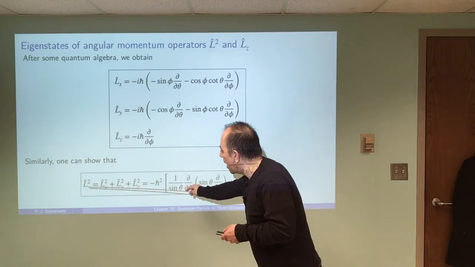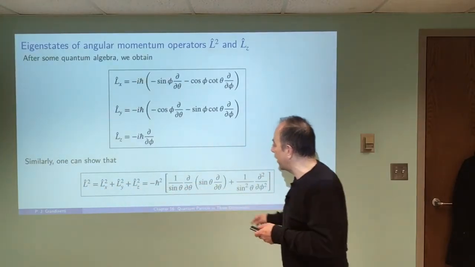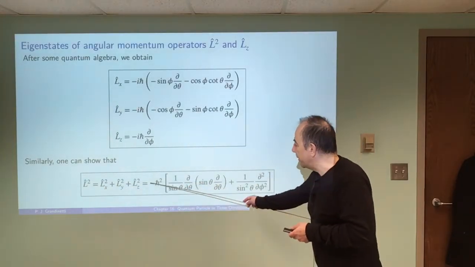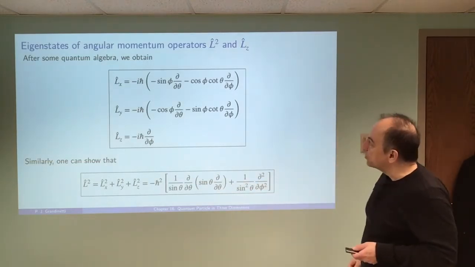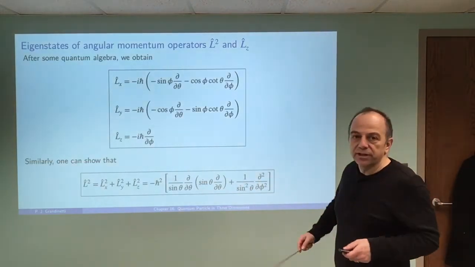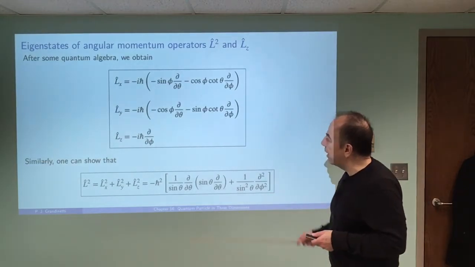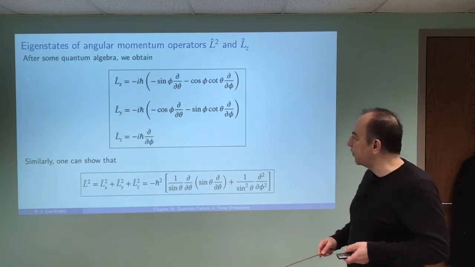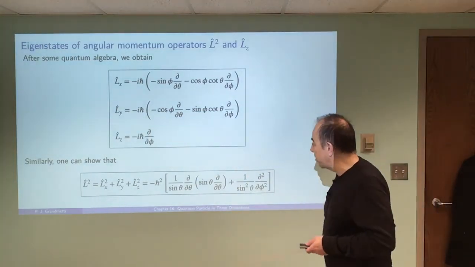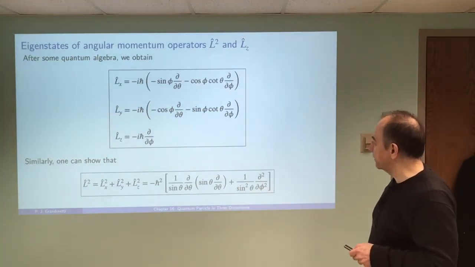The L squared operator, which is just the sum of the squares of the components, is going to be minus h bar squared times this expression here. So now, with our conversion to spherical coordinates, we have the form of the operators which we first derived in Cartesian coordinates.